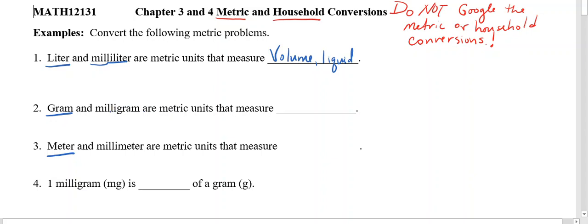Grams and milligrams. Now, again, milli is our prefix, gram is our base, but they measure weight. And it can be your weight, a person's weight, your patient's weight, a dog's weight, cat's weight, guinea pig's weight.